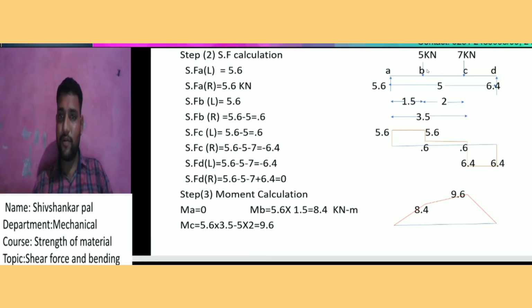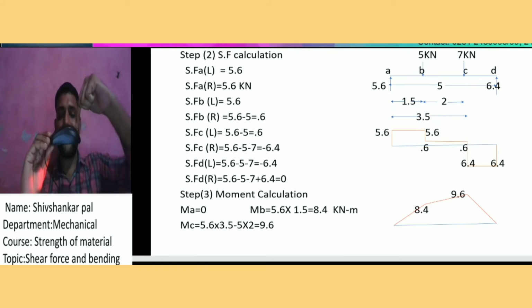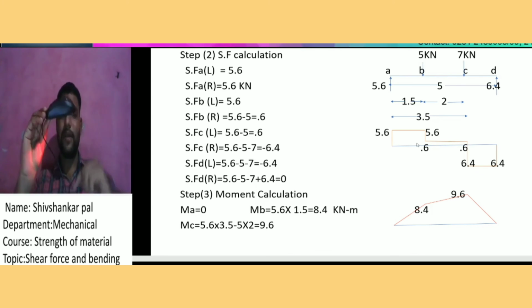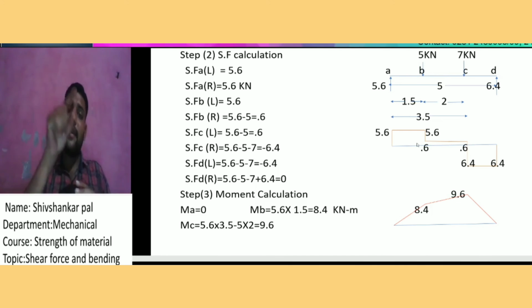At point C, due to the 5 kN loading at point B, the load tries to move downward, which means it rotates in the anti-clockwise direction.